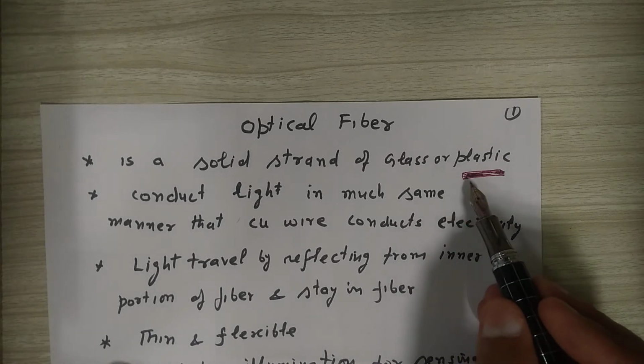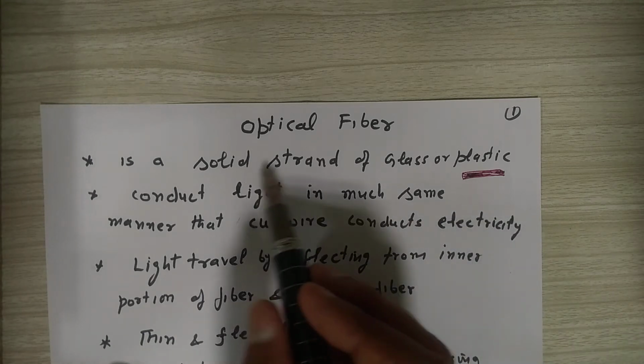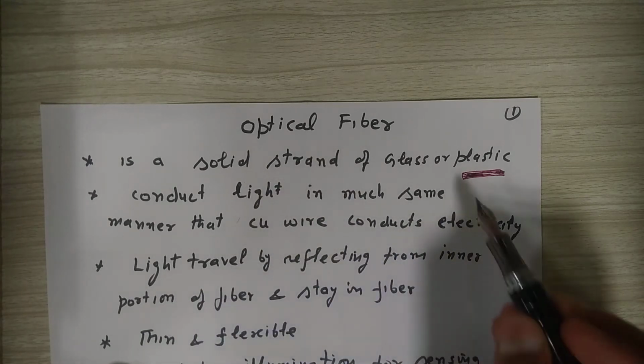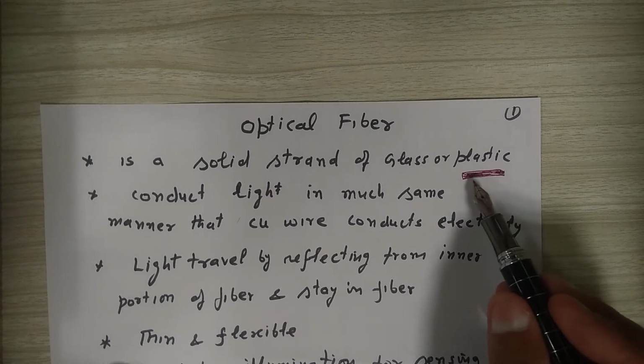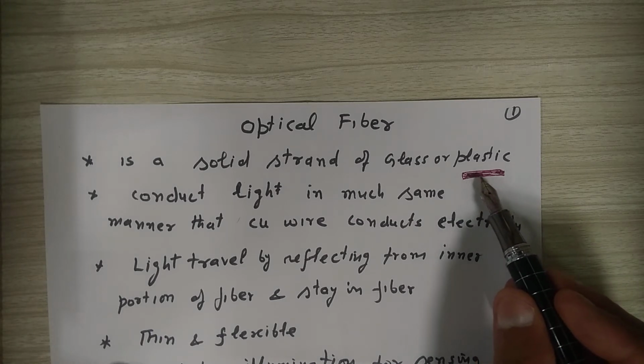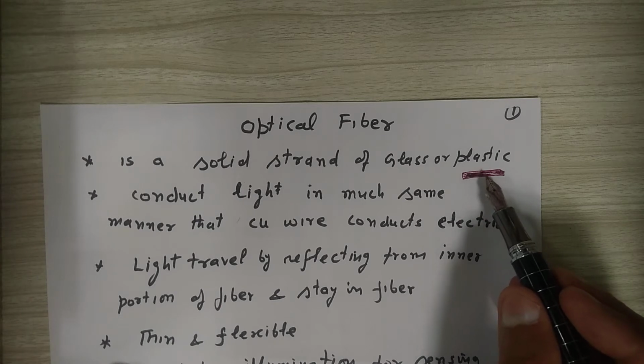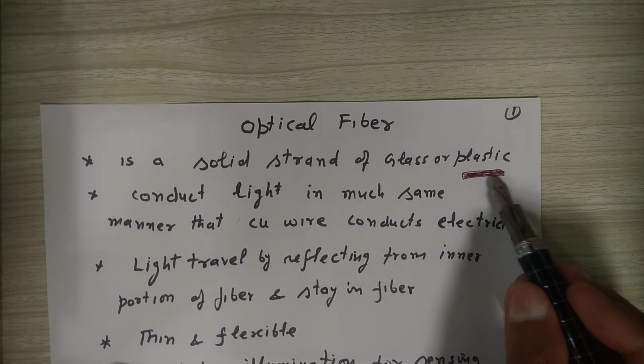So here we are saying that in the fiber, the light is traveling through the fiber by the reflection that will take place from the inner surface of this fiber.